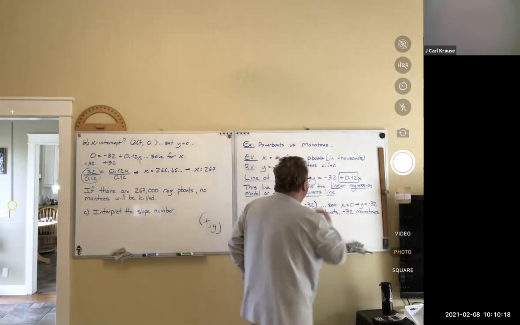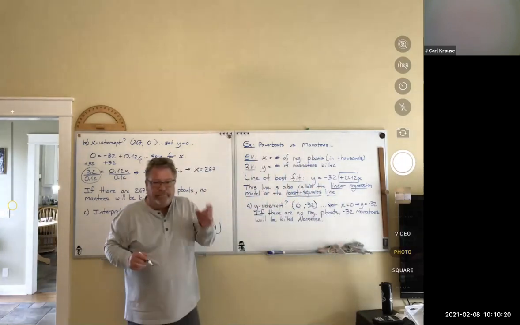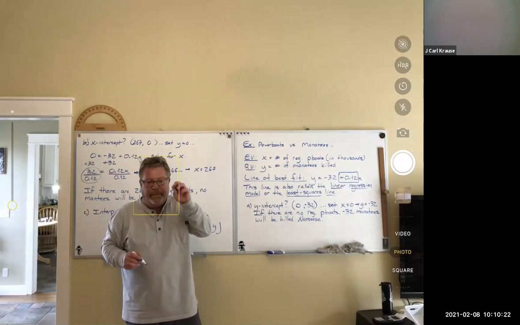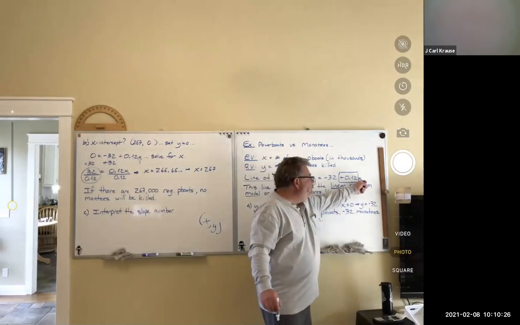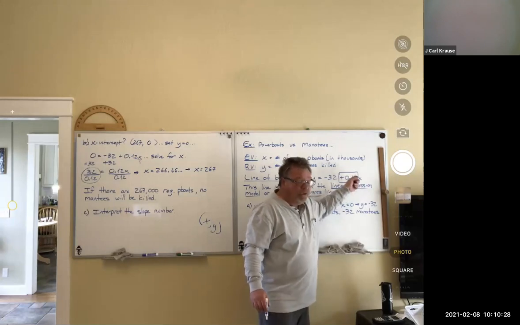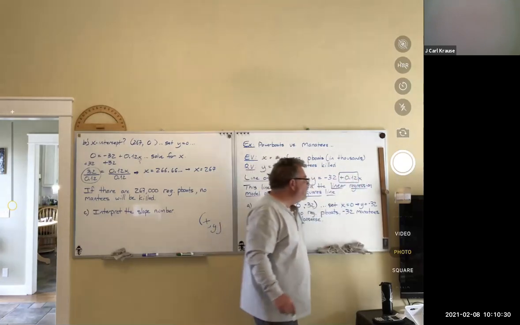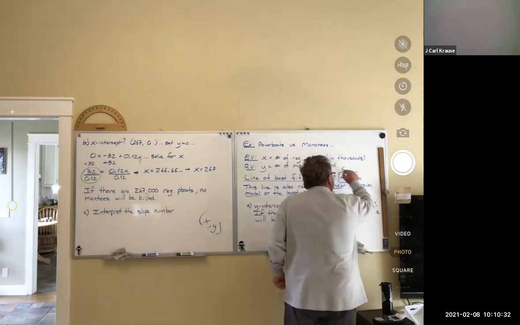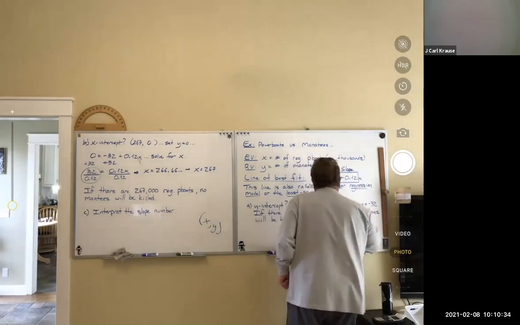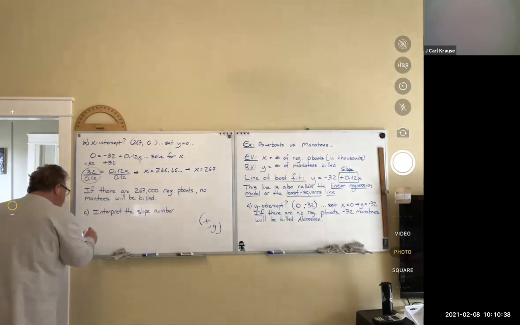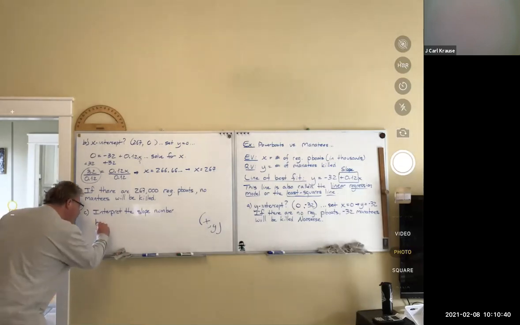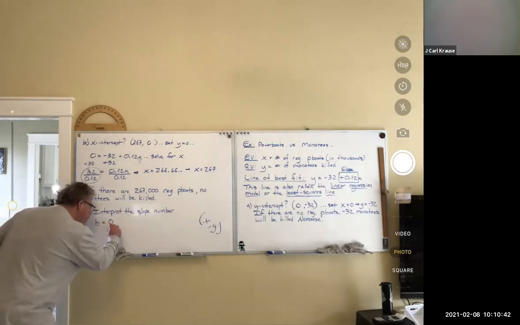In the form that we're using, it's the value of b. We're using a plus bx. And the number out in front of the x, what's called the coefficient out in front of the x, is the slope number. So what we've got is b is equal to 0.12.